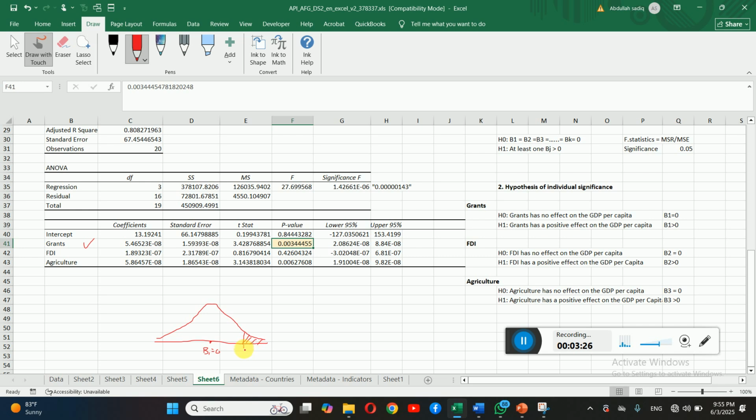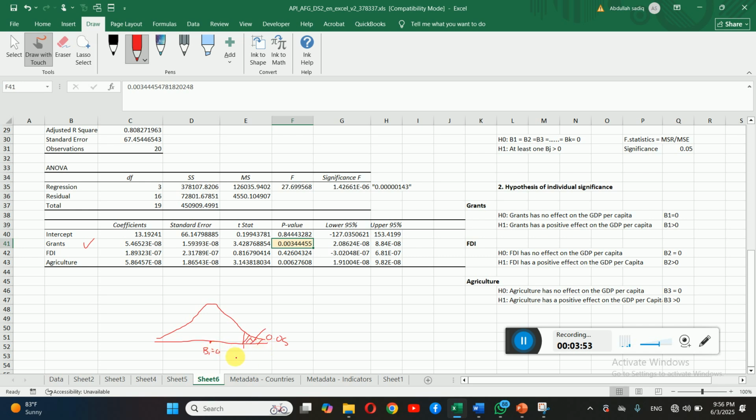So this is the critical area. The p-value is telling us that this 3.42 standard deviations value is in this area, which is less than 0.05. So once we found out that the standard t-statistic value of the beta 1 is in this range, we can claim it's significantly farther.